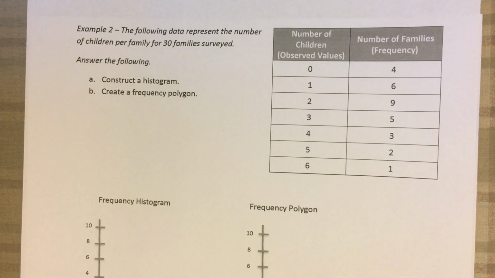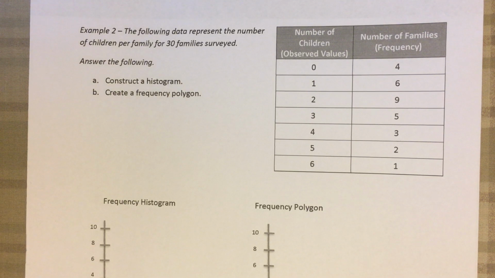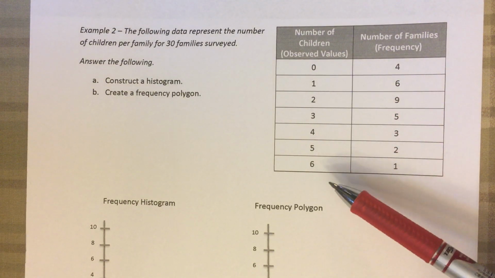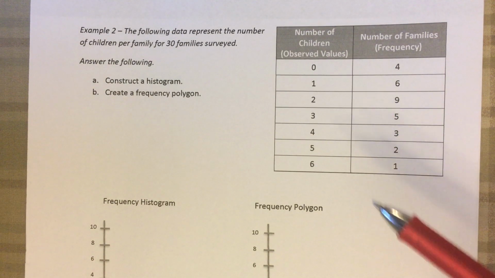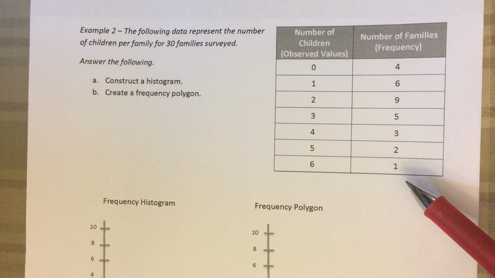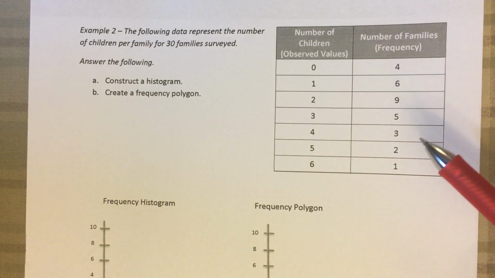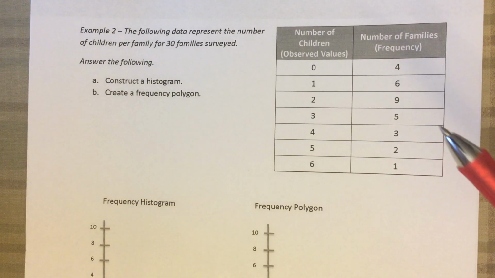All right, so in this example, the following data represent the number of children per family for 30 families surveyed. Right? So the number of children is our observed values, so we see 0 to 6. The number of families is our frequency. Again, if we were to add these all up, we should get a total of 30 because that's the size of our data set. Right? So what we're going to do is for each of our different observed values here, we are going to enter our corresponding frequency.